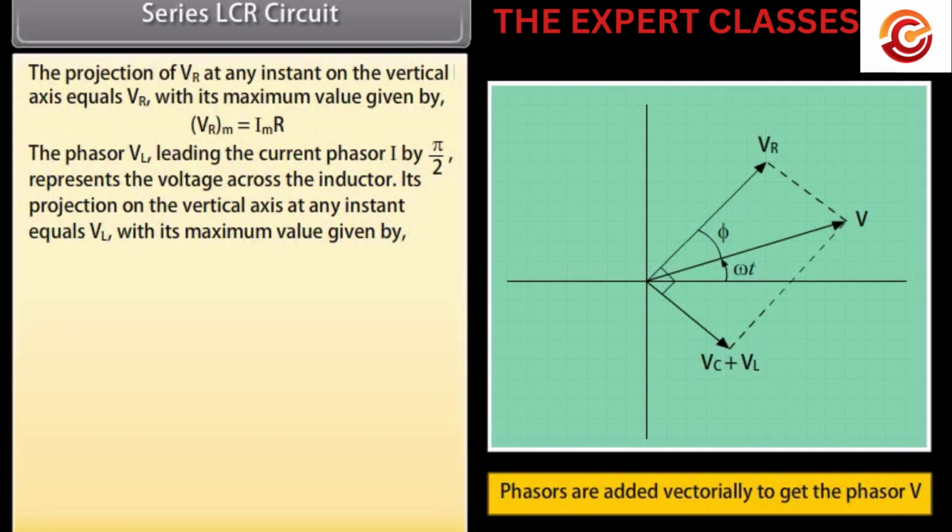Its projection on the vertical axis at any instant equals VL with its maximum value given by the product of Im and XL.